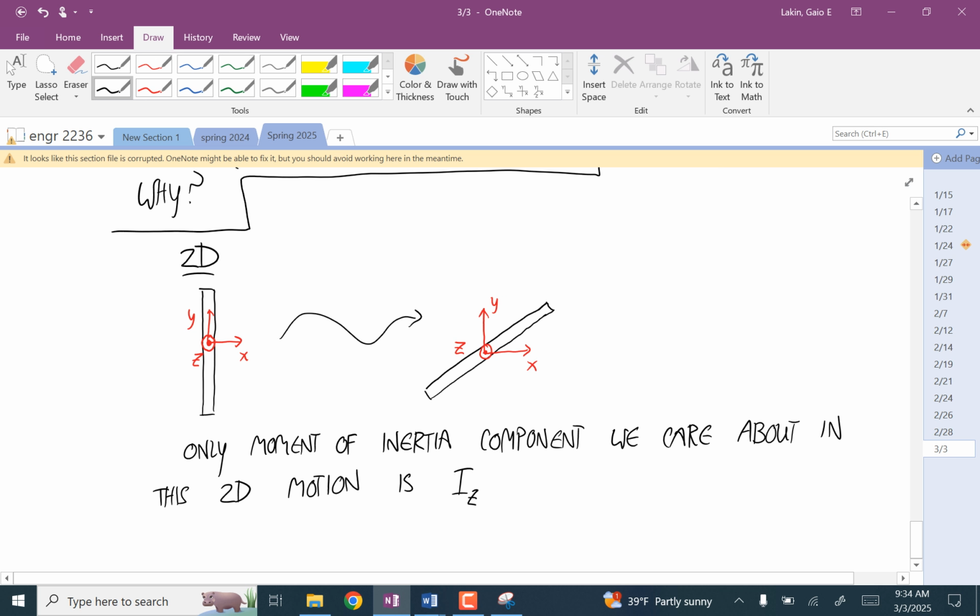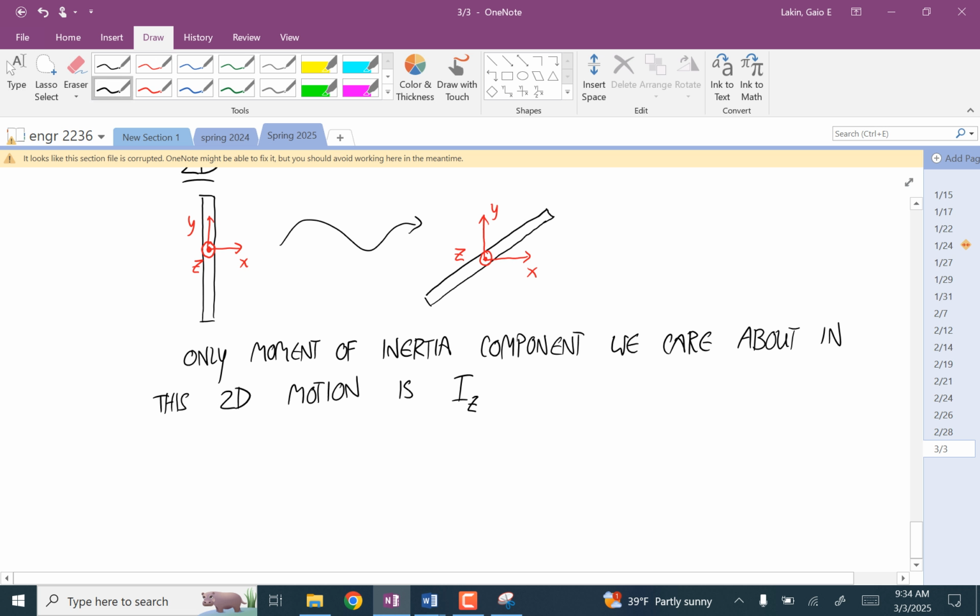And in these two orientations, this thing has the same moment of inertia about z in both. So I sub z doesn't change from this motion. If you calculated I sub z for these two things, you'd get the same thing.